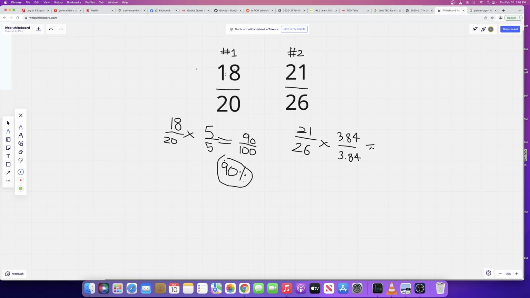So then we do the equals, and we already know that the bottom is going to be 100, and now we have to figure out the top. So 21 times 3.84 is 80.64. So it's over 100, and we got 80.64% on this test.